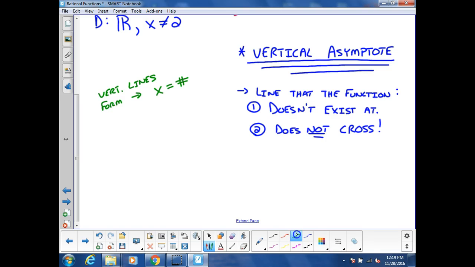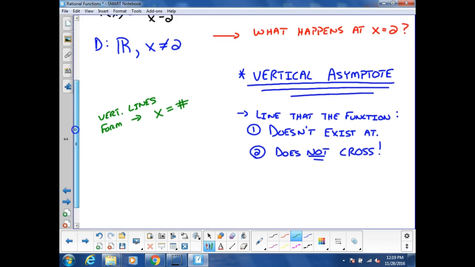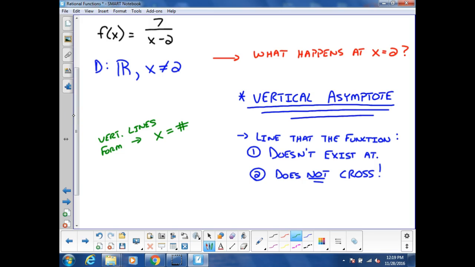So in the domain, we would write it like this. To write out a vertical asymptote, we would write it as x equals 2. Because it's not just 2. 2 is a number. Vertical asymptotes are lines. They're vertical lines. So we have to write it out correctly.